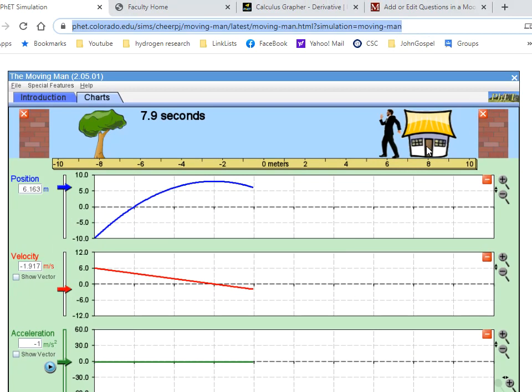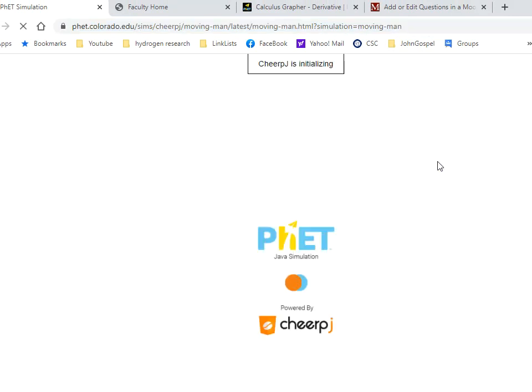I would just go up here to the HTML and hit enter, or you can do Control R to refresh. Then it takes a little bit of time to reload. By the way, the first time you load it, it takes quite a while. So hopefully that's not too big of an issue for everybody.